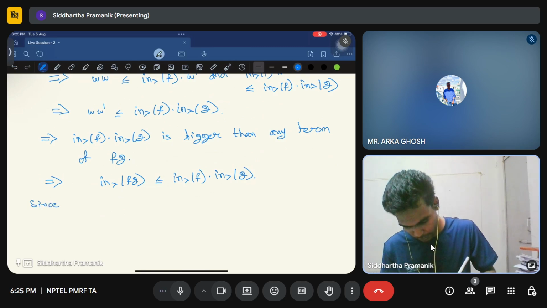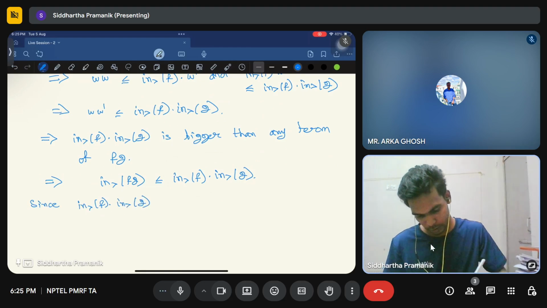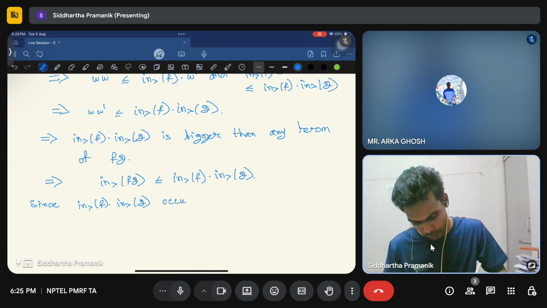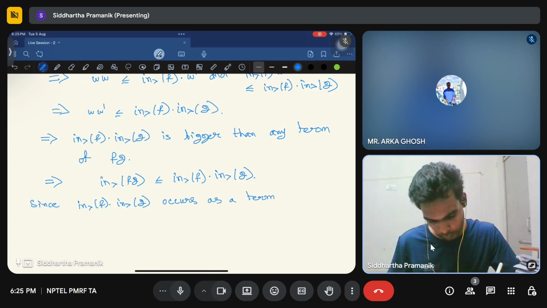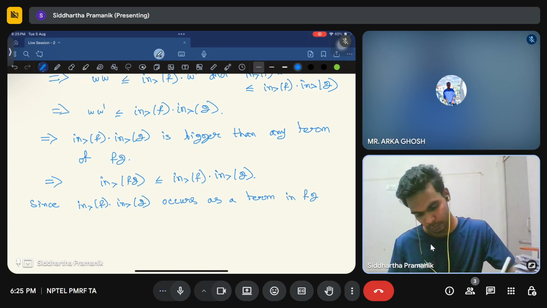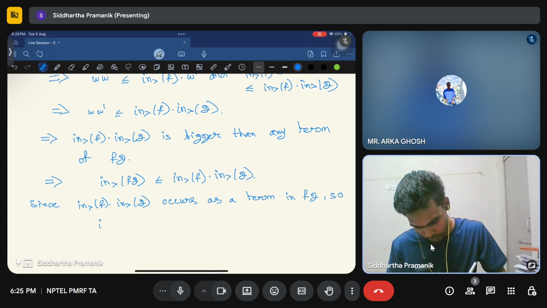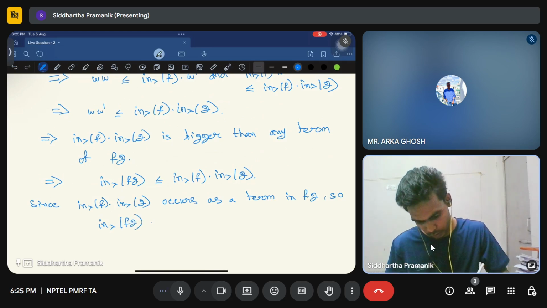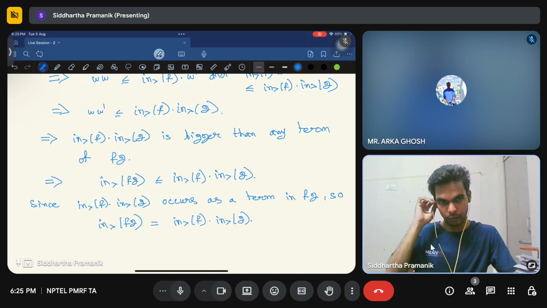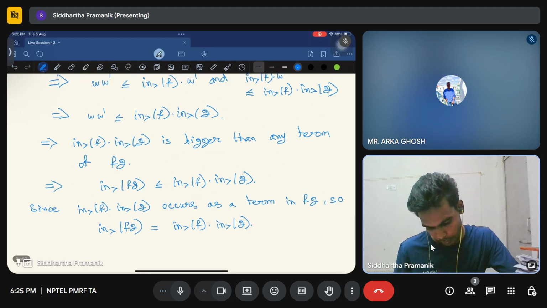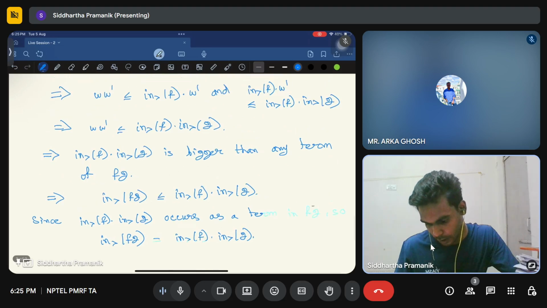Since the initial term of f times the initial term of g occurs as a term in f times g, the initial term of f times g is equal to the initial term of f times the initial term of g. So this proves the third part also.